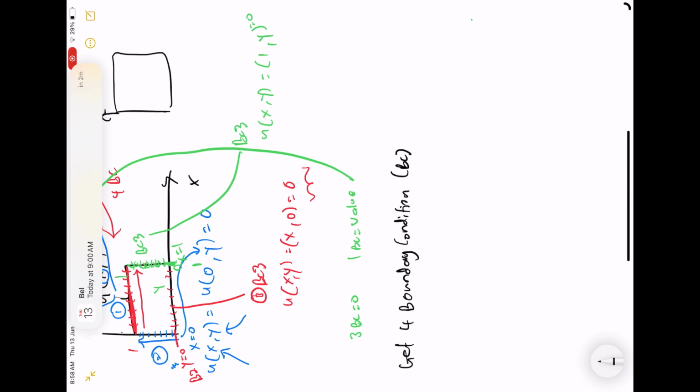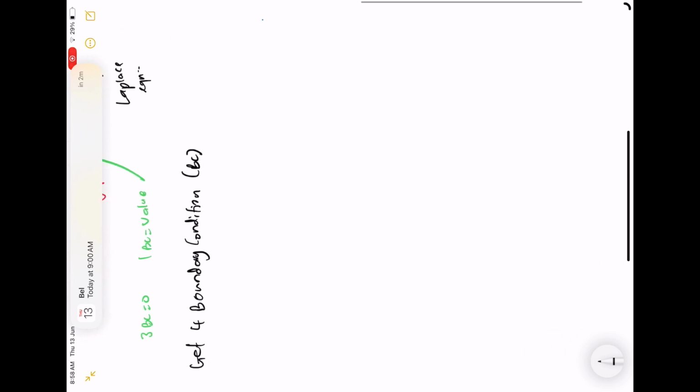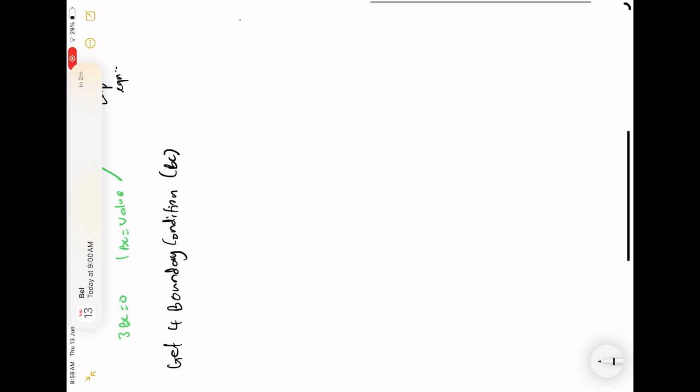Okay, and then you see this is a surface problem. Surface usually will be related to the Laplace equation. Okay, now the Laplace equation, when you refer to the table, is equal to d squared u dx squared plus d squared u dy squared equal to 0.